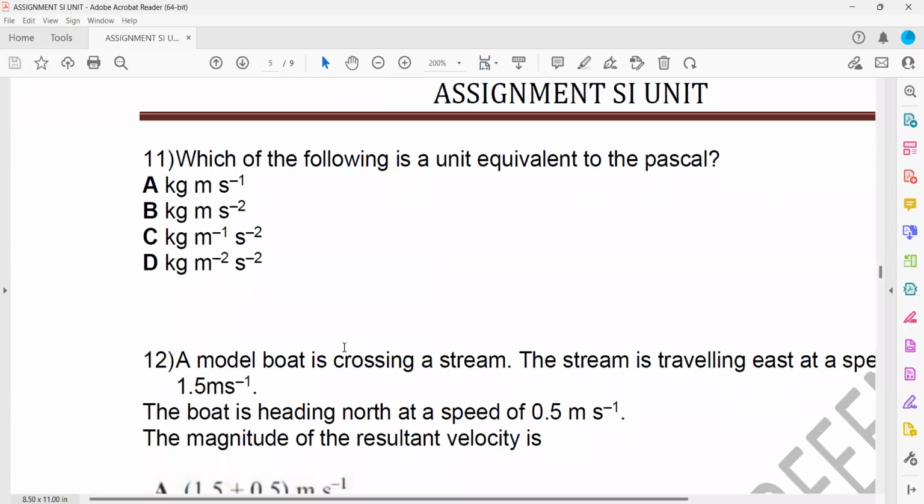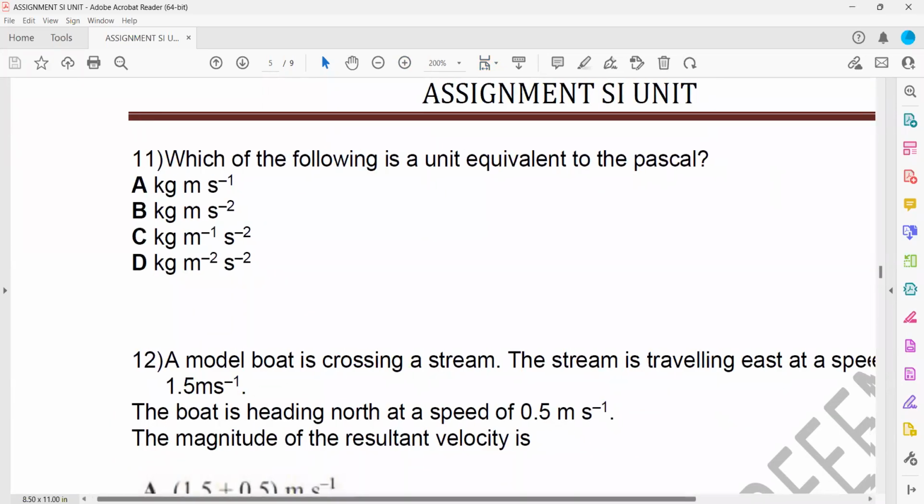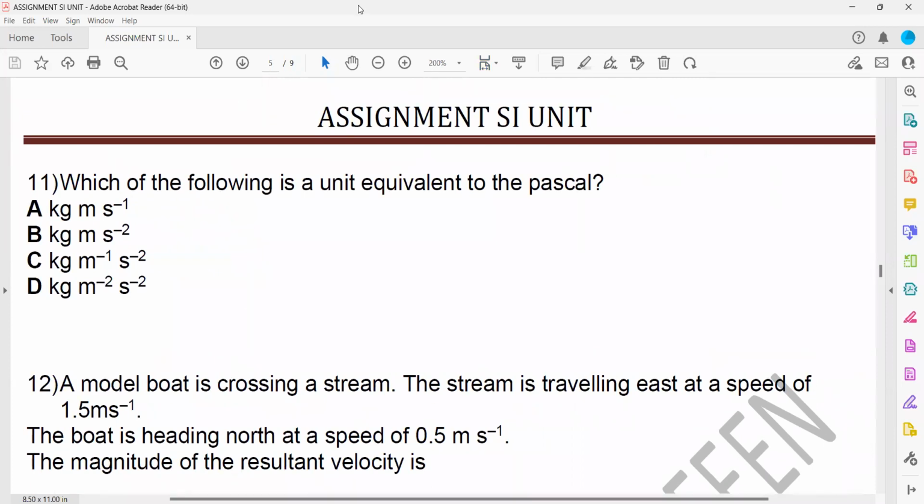Next is, which of the following is a unit equivalent to the pascal? Pascal is a unit of pressure, so we want the base units of pressure. A simple way: use any formula you remember for pressure. Pressure is force divided by area, and pressure is also density times gravity times depth. For example, if I use pressure equals density times gravity times depth, density is kilogram per meter cube, times the acceleration due to gravity, meter per second square, times the depth h, which is in meter.